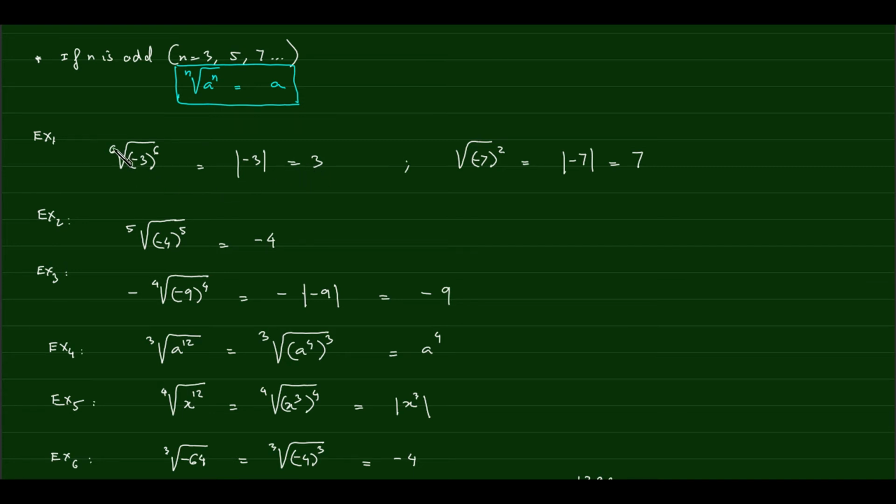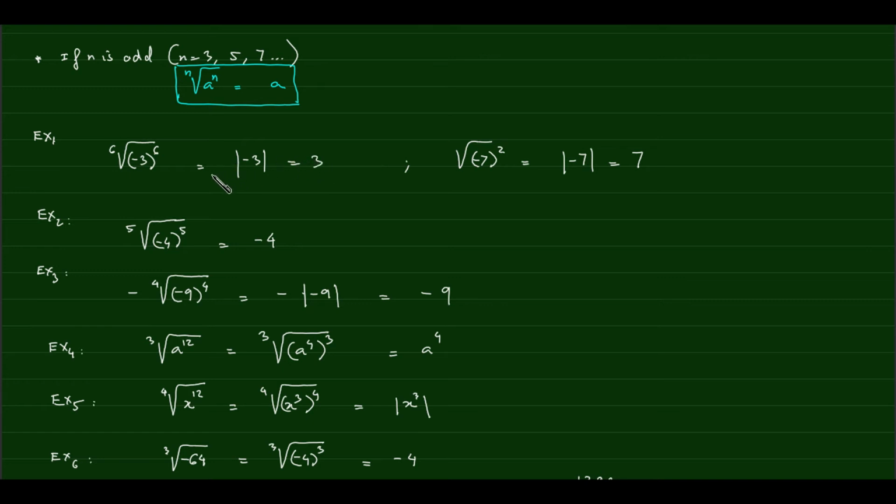If you write the answer as -3, it would be wrong, because most of the time some students put that the 6th root of -3 raised to the 6 is -3. That would be terribly wrong. It gives you +3, not -3.